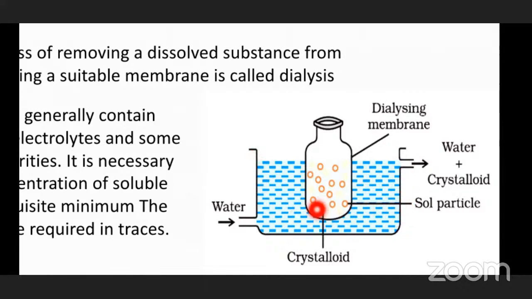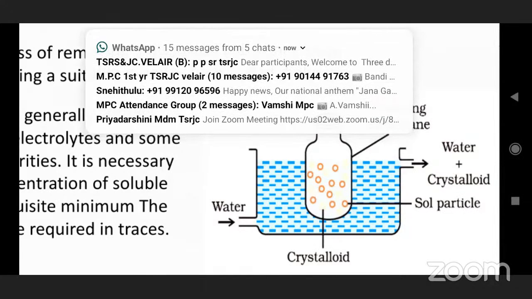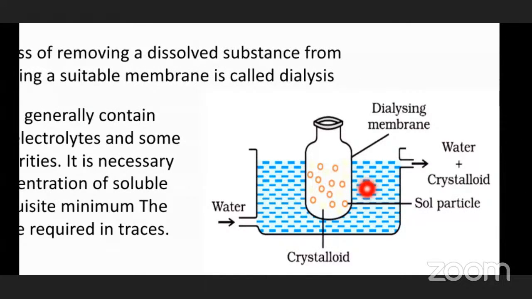The vessel always has continuously flowing water. Once again, with continuous flowing of water, the impurities like electrolytes or any other atoms or molecules are thrown out into the water. This process is called the dialysis process.